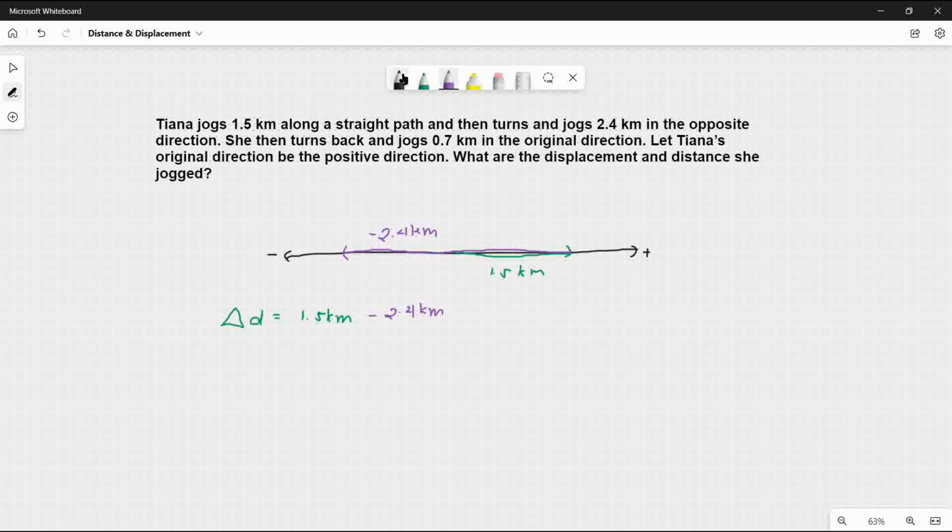And finally turns back and jogs 0.7 kilometers in the original direction, which is a positive. And this gives us negative 0.2 kilometers.